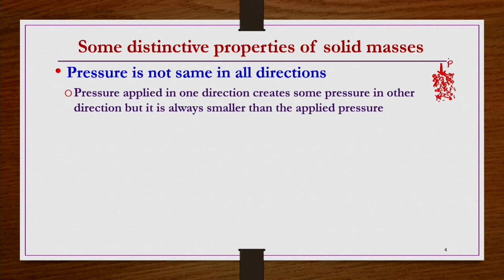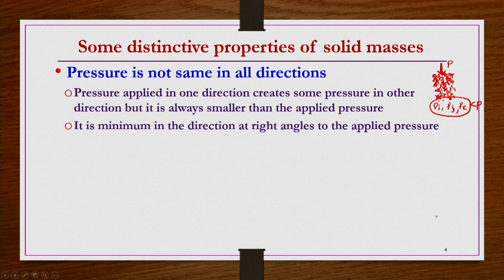Let us say the applied pressure is P. The pressures in other directions, let us say Pi, Pj, Pk, are distributed in different directions with certain angles involved. So, these Pi, Pj or Pk, whatever they are, are smaller than the applied pressure P. All of these are smaller than the applied pressure P in general.